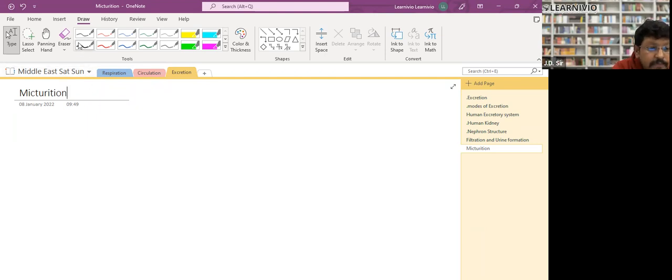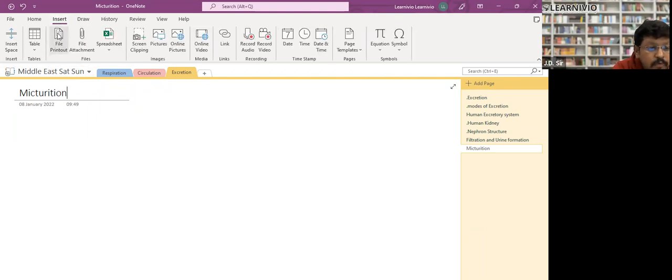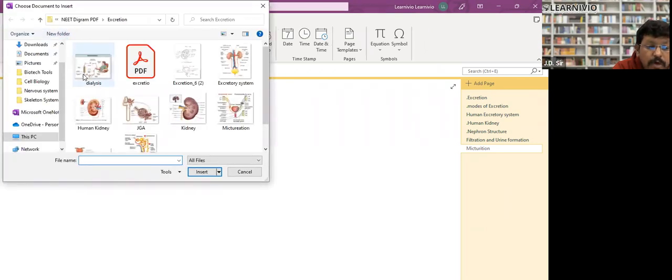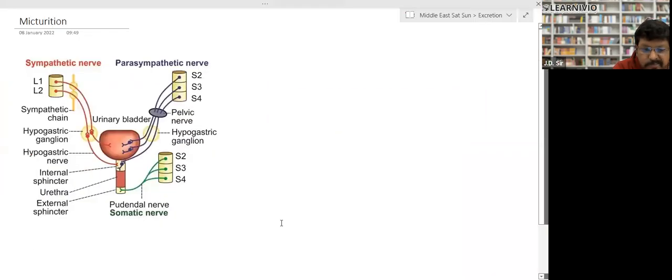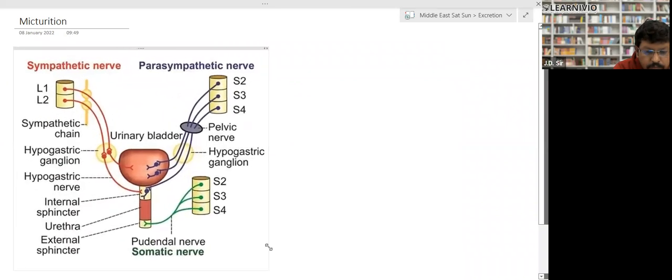First, let me share with you a diagram. Then you will come to know what the removal of urine from the body is and how it actually operates in our body. First, I'll try to explain this diagram. It must be visible to all of you.